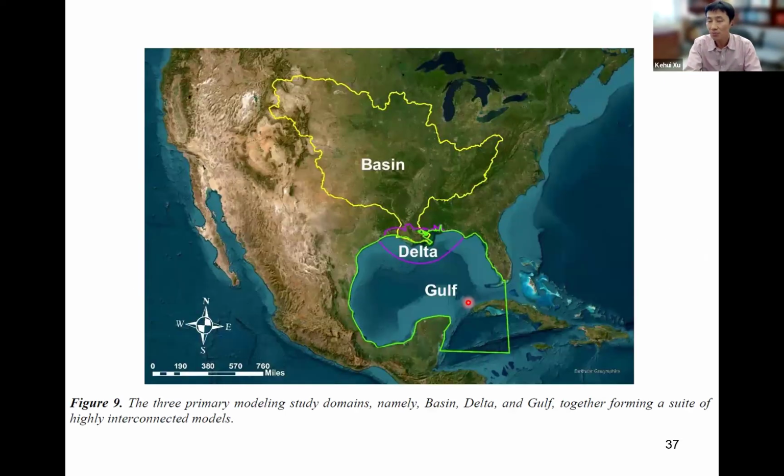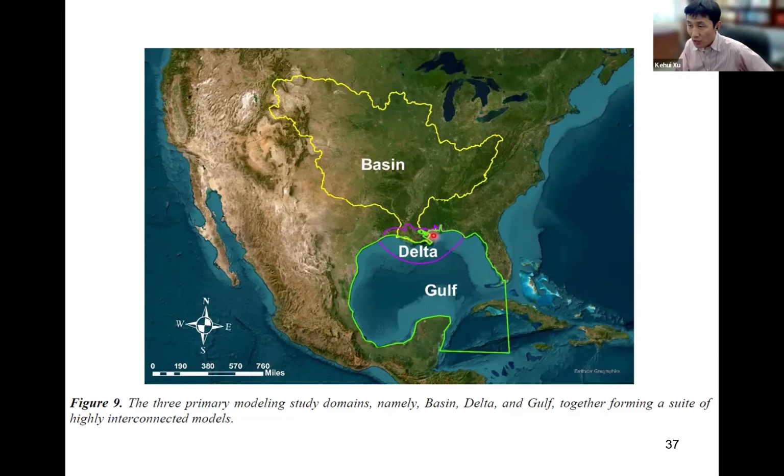In this project, we have a very ambitious modeling effort. We have a large basin model in yellow, a Gulf model in green, and both model domains are being used by Dr. George Xue's group. And then we have a lower river and shelf model led by Ehab Hassan and Colin Hu from Tulane.